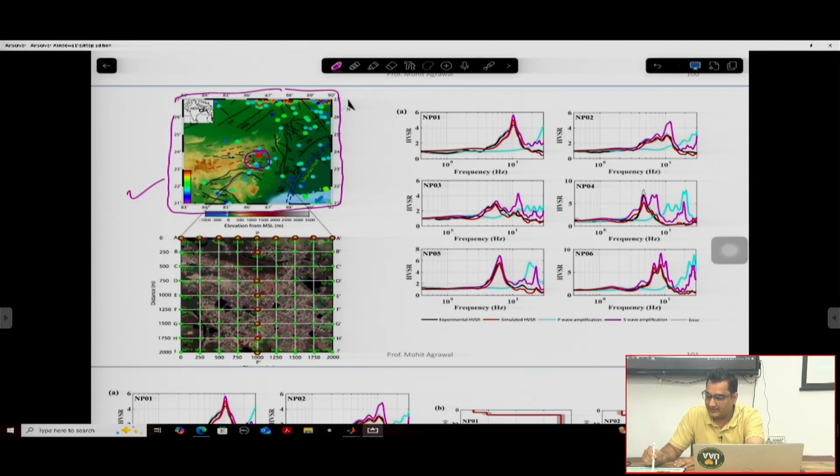In this NIRSA area of around 5 by 5 kilometers, he has taken some observations using that Tromino instrument that I just showed you in the previous slide, and he took almost 81 point data, and on each of the data he tried to compute the HVSR curve. So these are some of the curves that he computed for the points that he took into consideration.